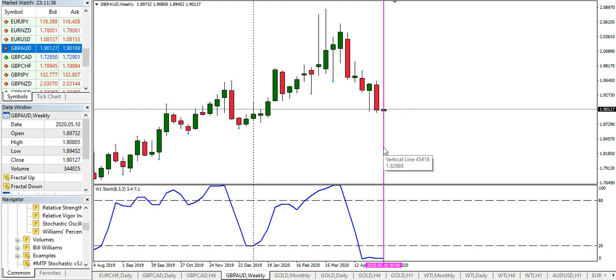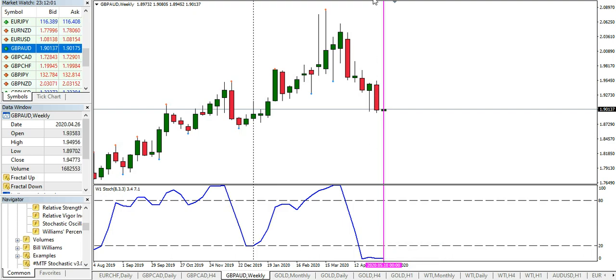Then we are going to go to the daily time frame to get high prices and low prices, right? Because if we want to buy, we want to buy low, and if we're going to look to sell, we want to sell high. Now, at current market price, the stochastic is in the buy zone, so we're going to only focus on buying.